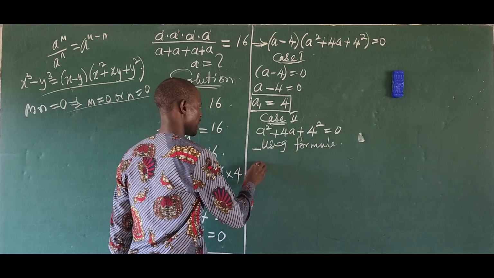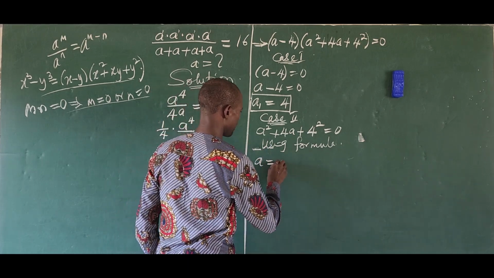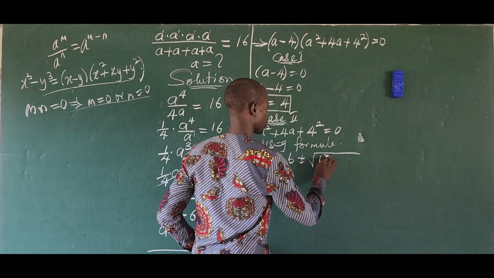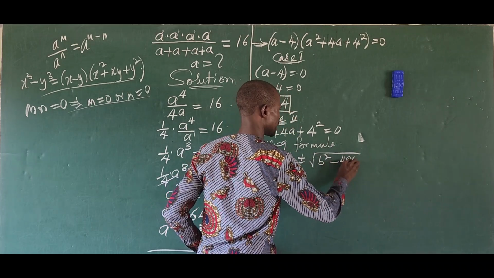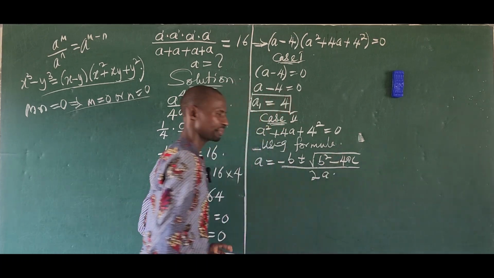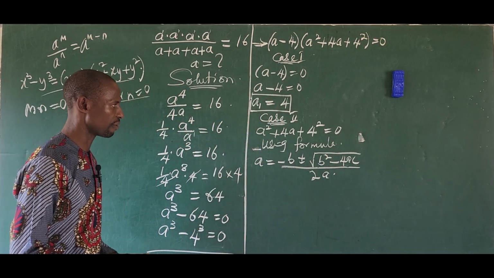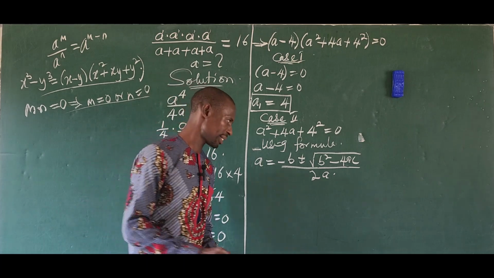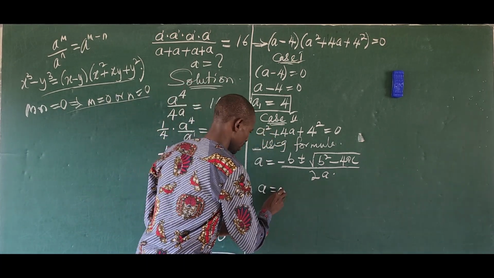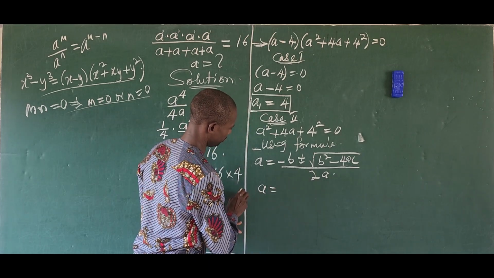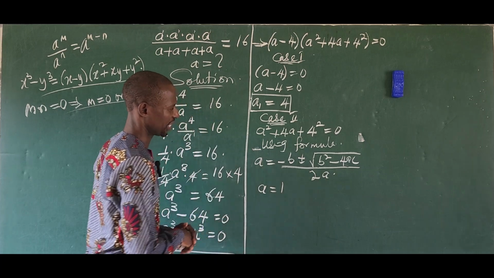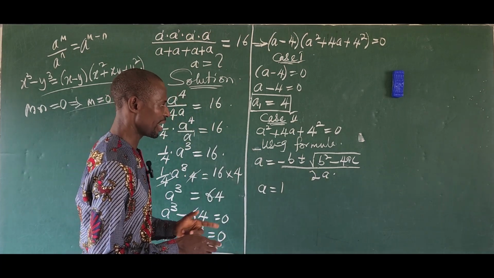We have a = (-b ± √(b² - 4ac)) / 2a. Let's quickly bring out the values of a, b, and c. Our a is the coefficient of a², which is 1.